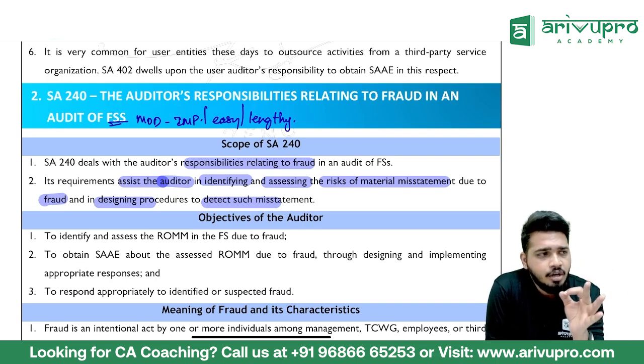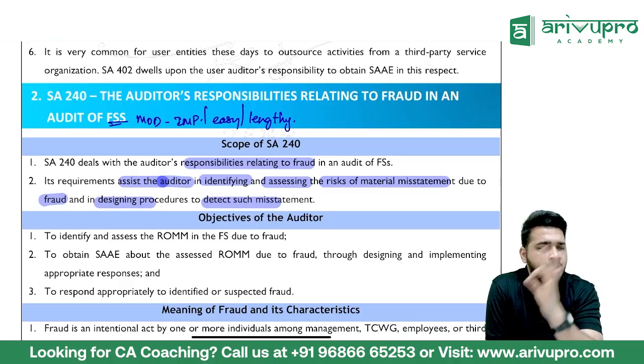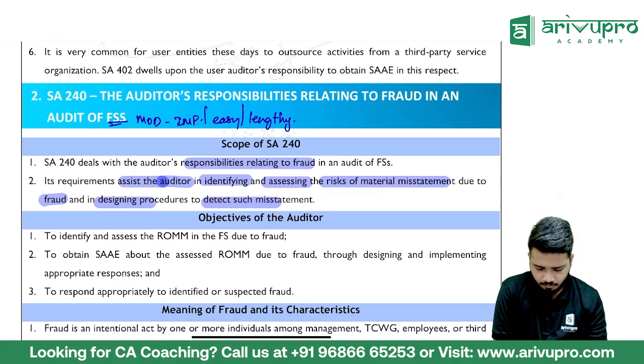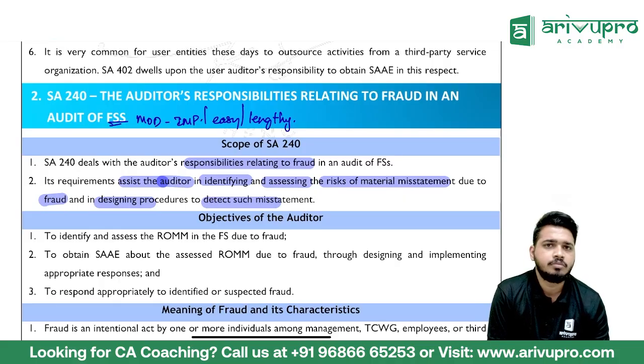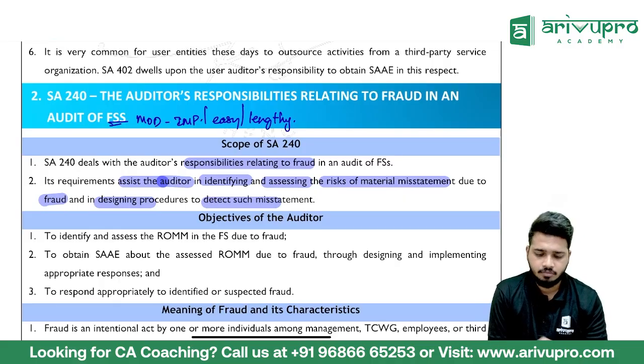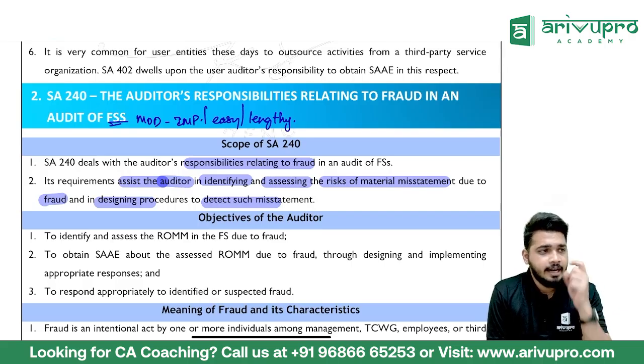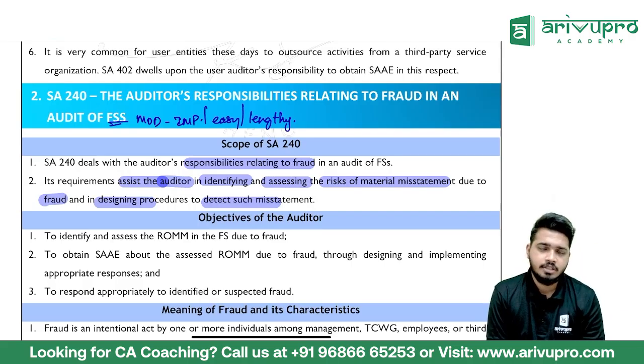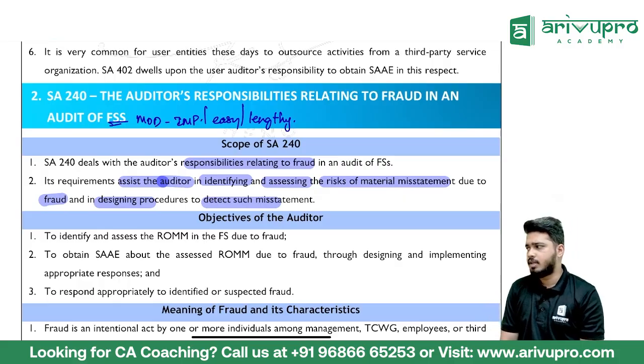What is the definition of audit documentation and what is the definition of working papers? Tell me. Definition. It's a record of three things. A record of three things. What is that?